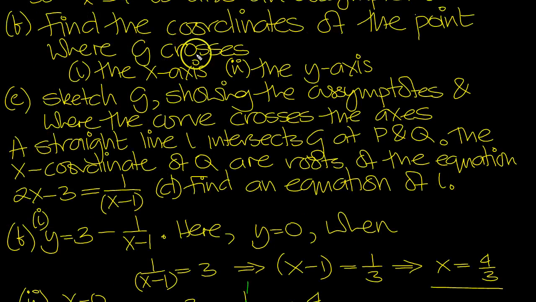Find the coordinates of where G crosses the x-axis. Sketch G, showing the asymptotes and where the curve crosses the axes. A straight line L intersects G at P and Q. The x-coordinates of P and Q are roots of this equation.